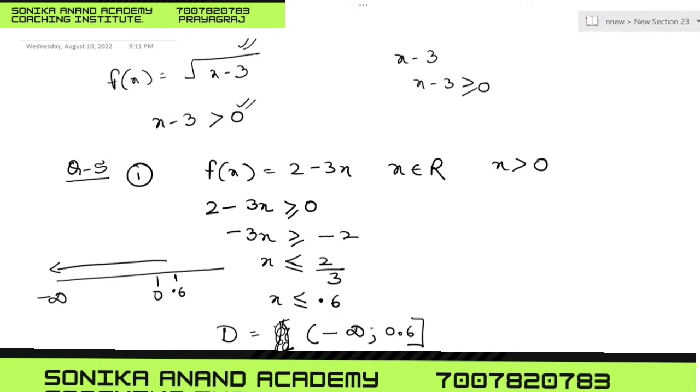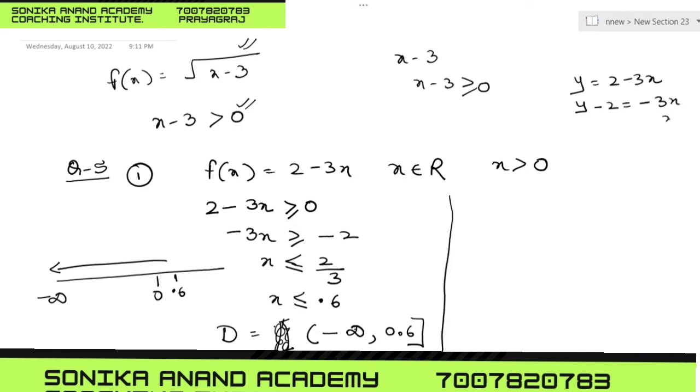Now we have to find the value of the range, not the domain. I want to find a trick. Wait a minute. If I put y is equal to 2 minus 3x, then y minus 2 is equal to minus 3x.